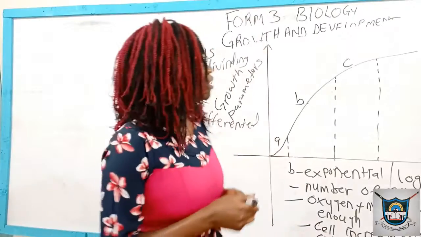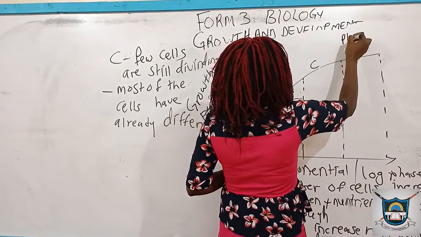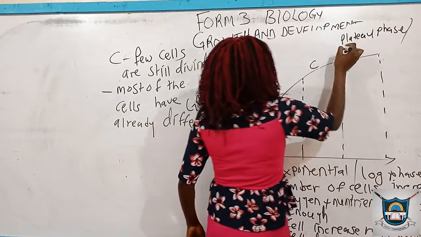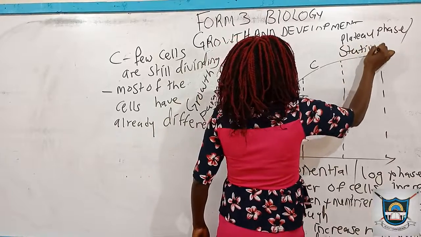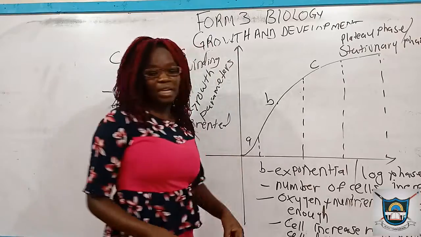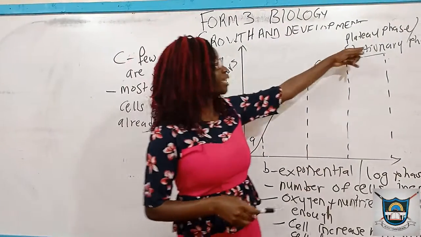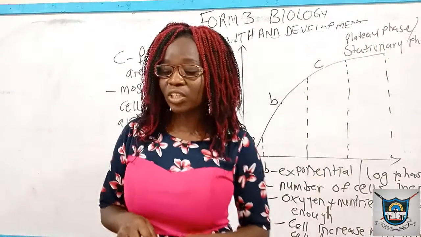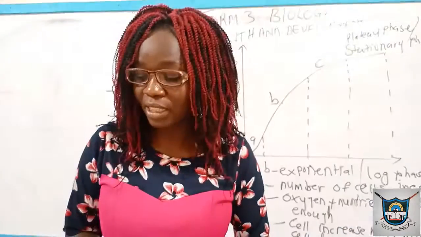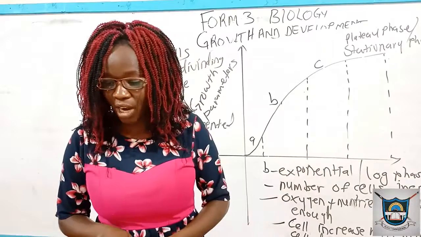And then the next and the last phase is called the plateau phase, or the stationary phase. This is the last phase of growth, and as the name suggests, it means the growth is stationary, and therefore the parameters of growth may even be constant, meaning in this phase there is no growth occurring.